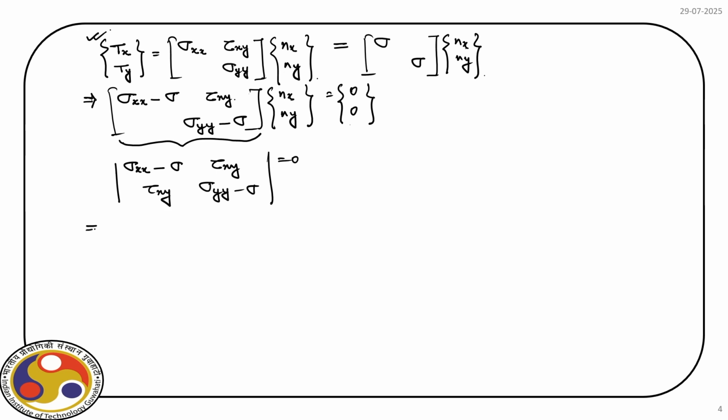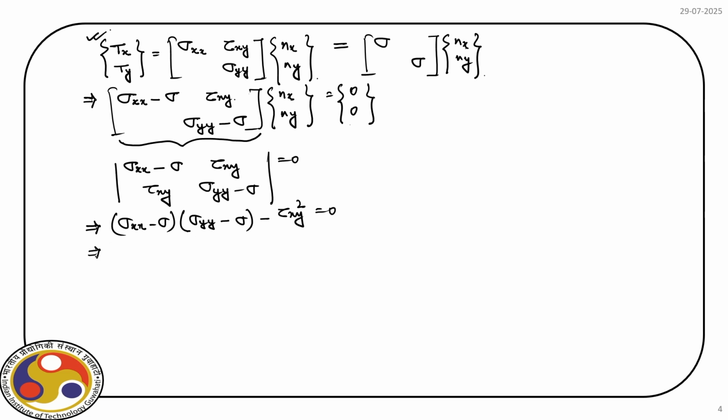Because we have a 2D problem, we get a quadratic equation: (sigma xx minus sigma) times (sigma yy minus sigma) minus tau xy square.